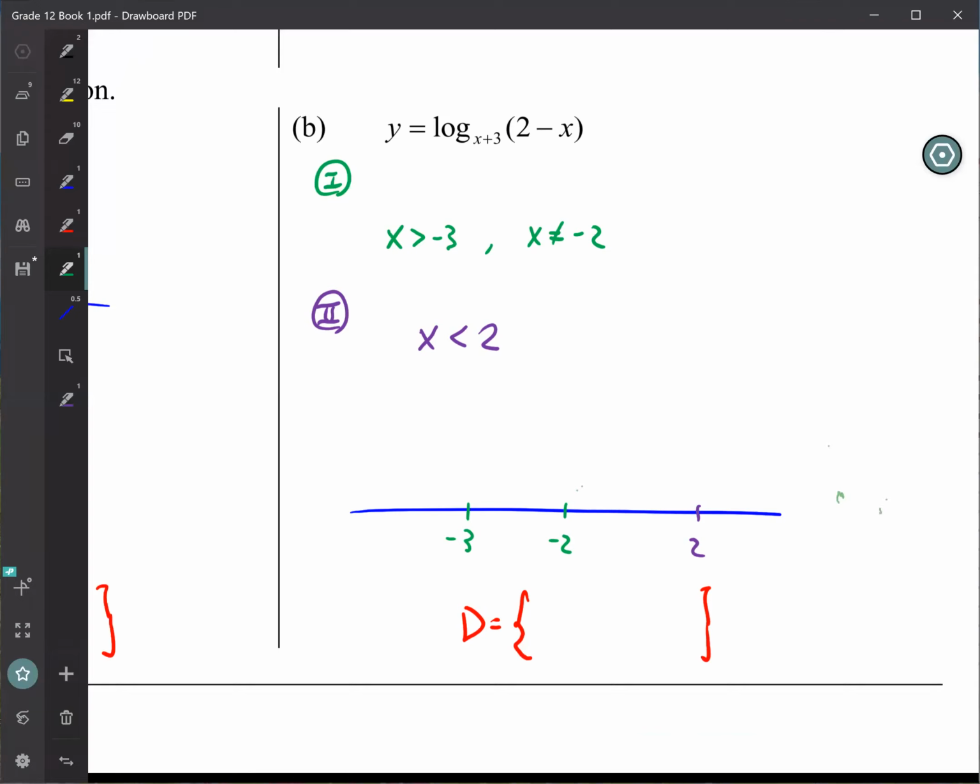Are you able to draw it? Okay, very good.